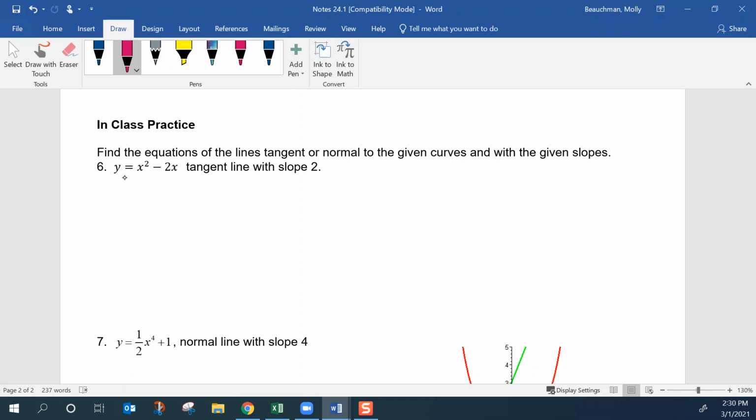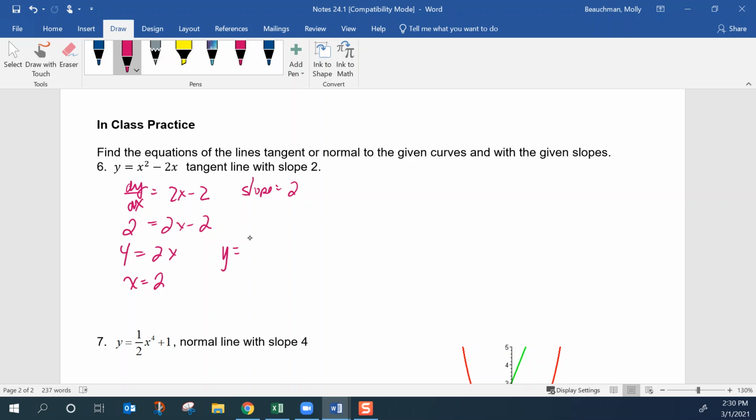Find the derivative: dy/dx equals 2x minus 2, and we know the slope equals 2. So substitute 2 in for dy/dx. Solve: add 2 to both sides, we get 4. Divide by 2. The x-coordinate of our point is 2.